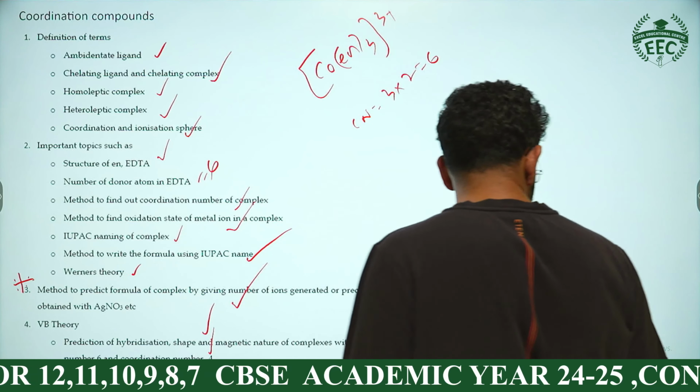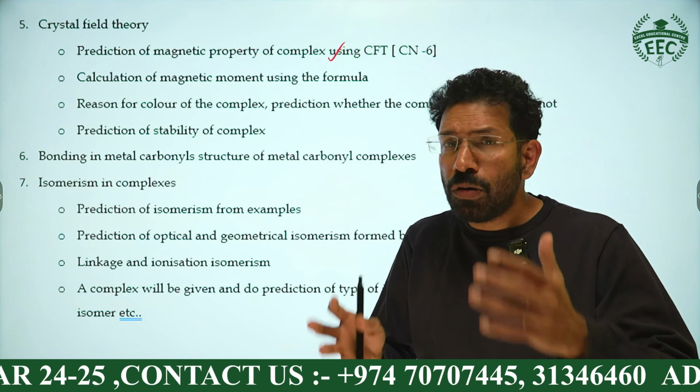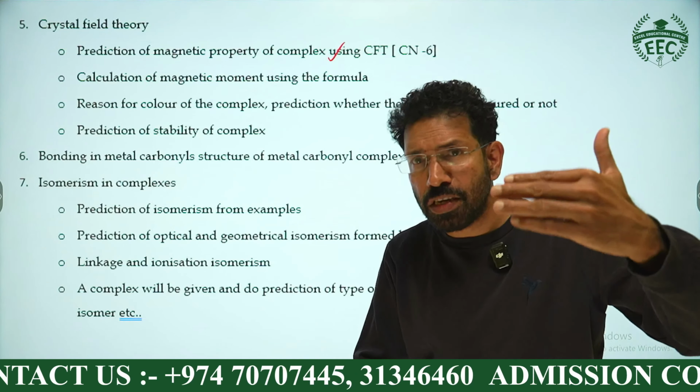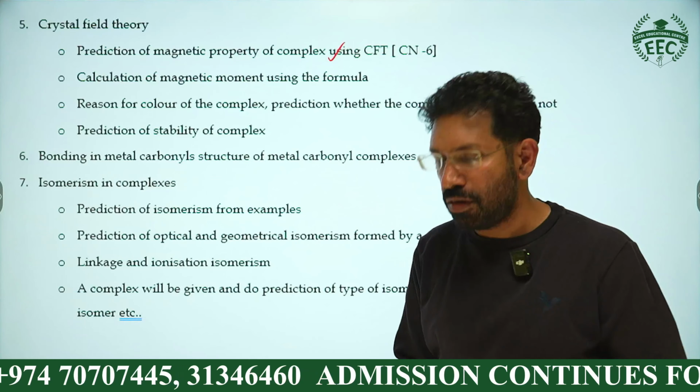That is coming next. Crystal field theory, the area they will ask is prediction of magnetic property. Sometimes, students, I'll tell you one short method. We studied already how to predict the magnetic property of complexes. There are 2 methods. One is using VB theory and the other is using CFT, crystal field theory.